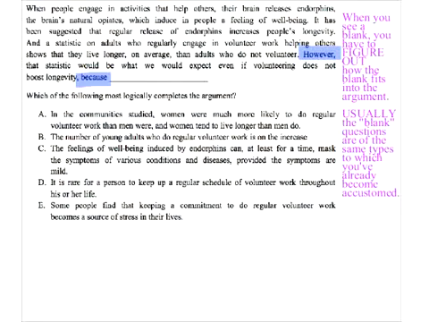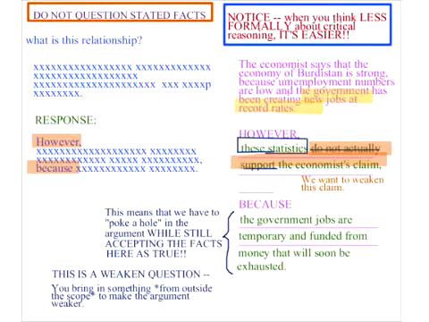However, that statistic would be what we would expect, even if volunteering does not boost longevity. So what are we trying to do here? What are we trying to weaken? This is harder than the one on the last slide, because I'm going to switch slides here.